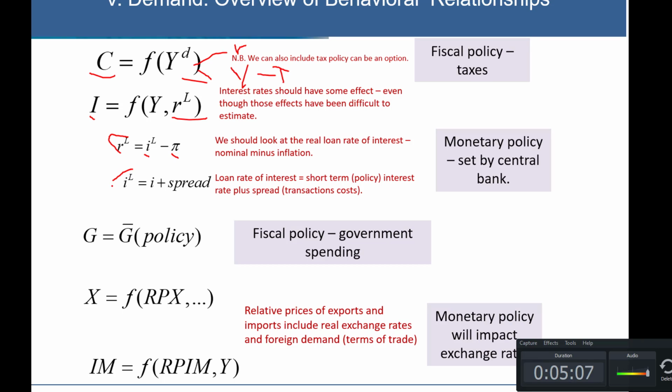But the lending rate itself we're going to be assuming is equal to the monetary policy rate plus some spread. So the idea is that the monetary policy rate is very short term and very sure, whereas loans to private firms tend to be of a little bit longer duration and also a little bit riskier. So we'll see that the lending rate is very important here.